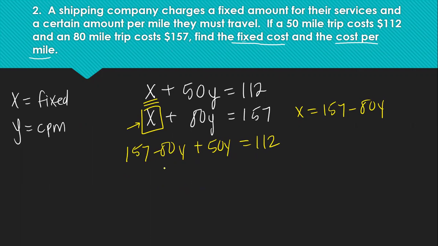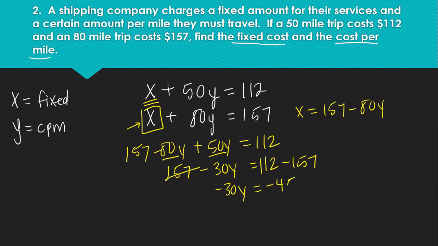And what do we do? Combine like terms. What's negative 80y and positive 50y? Negative 30y. And then what do I need to do next? Subtract 157. And when I subtract 157, what do I get? Negative 45. And then I need to divide by negative 30.